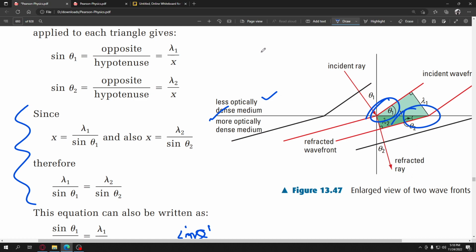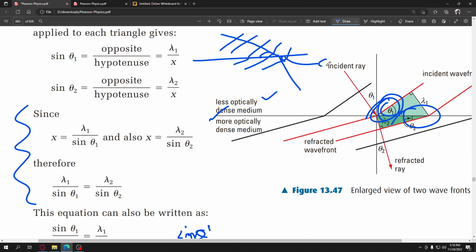So the confusion in the exam happens when you draw an incident ray and a refracted ray. Let me redraw that too. You draw the wavelengths coming in and the refraction happens. Theta 1 we often take as this angle, not this one, see this angle, alright, and theta 2 is the angle created here when it goes like this, this is theta 2, which is much better shown in this diagram.